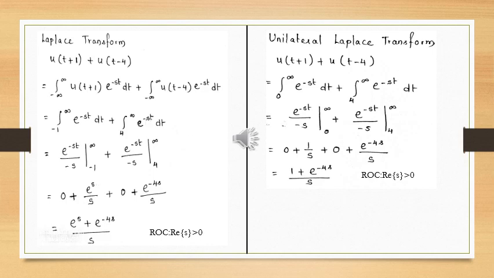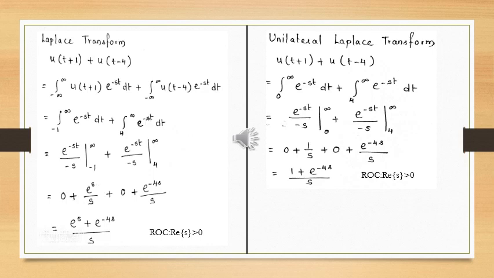And when we substitute t is equal to 4, we get plus e raised to minus 4s divided by s. So the total answer for the given signal is e raised to s plus e raised to minus 4s divided by s. The region of convergence is real of s greater than 0.